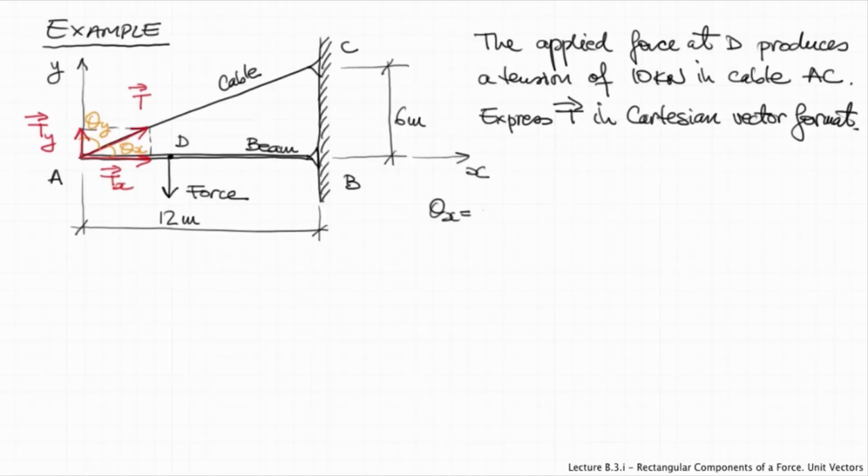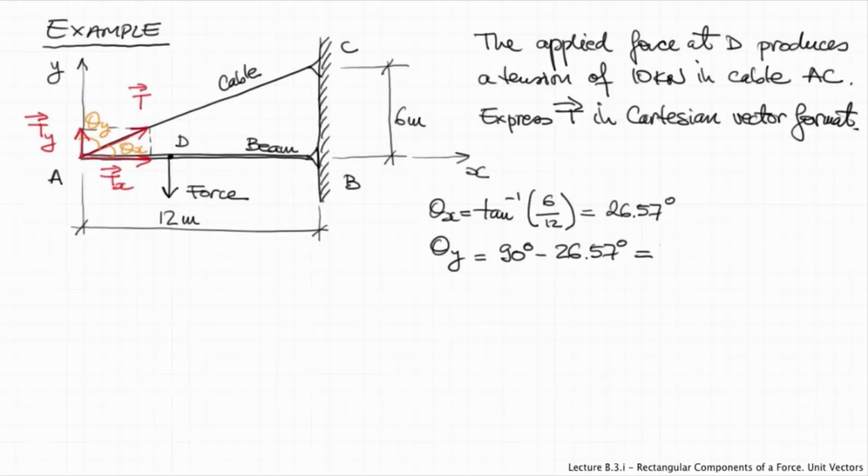We're going to start by calculating the angles. So theta x results straight away as being 26.57 degrees, and theta y, very simply, 63.43 degrees.